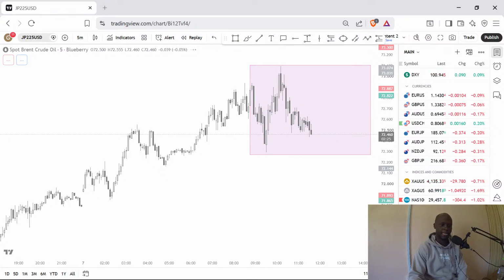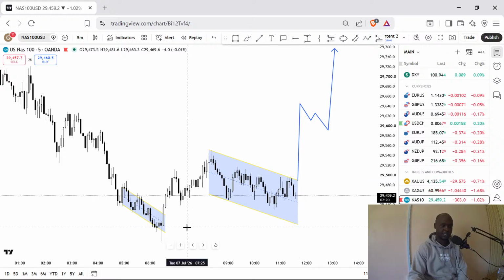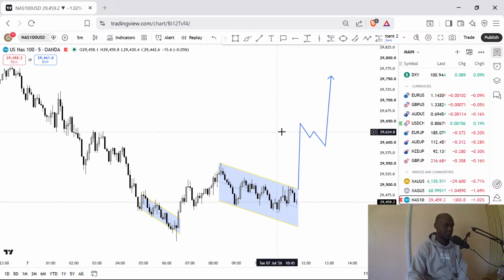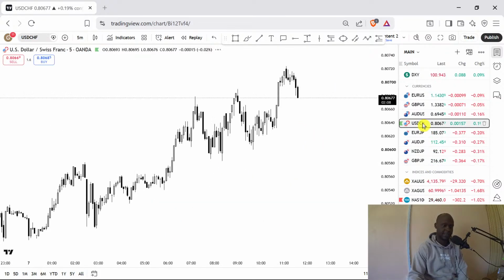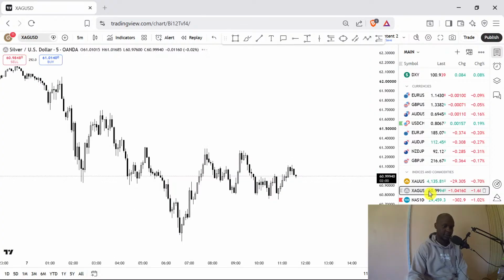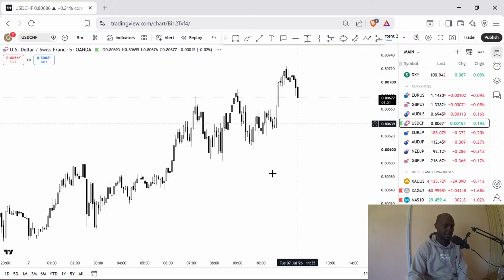So right now, I'm going to focus on my JP225 trade to manage it, and for the pairs that I have on watch for the rest of the day, heading into the New York session, is the NAS 100 and silver. And possibly USD CHF.